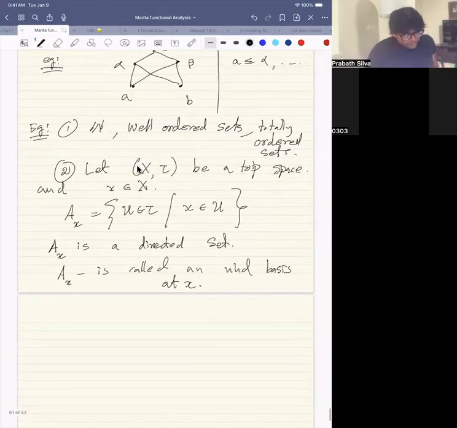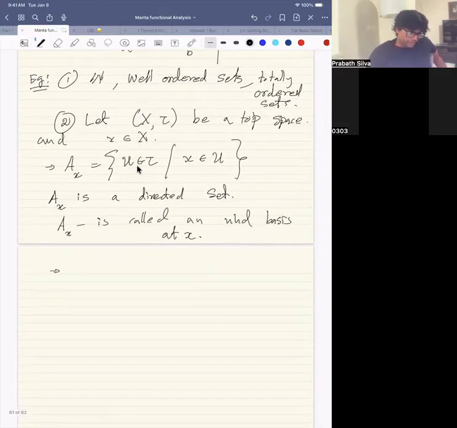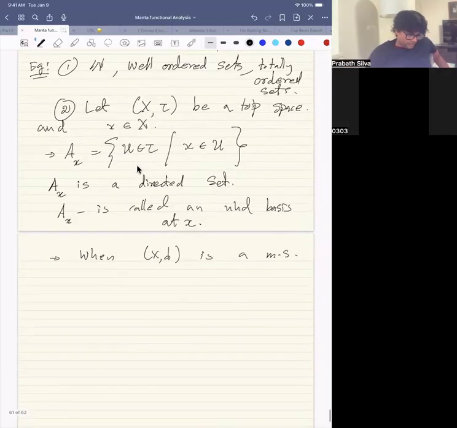Okay, let me give you this for somebody who hasn't seen topological spaces. In the case when X is a metric space, you can talk about this AX, which is balls centered at X with radius R, where R is positive.